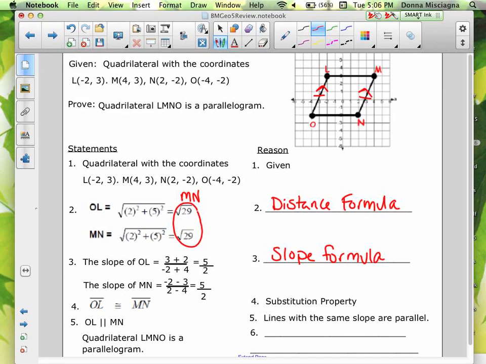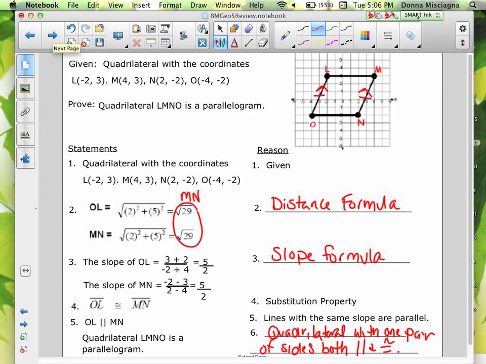We know that quadrilateral LMNO is a parallelogram because we have a quadrilateral with one pair of sides that are both parallel and congruent.